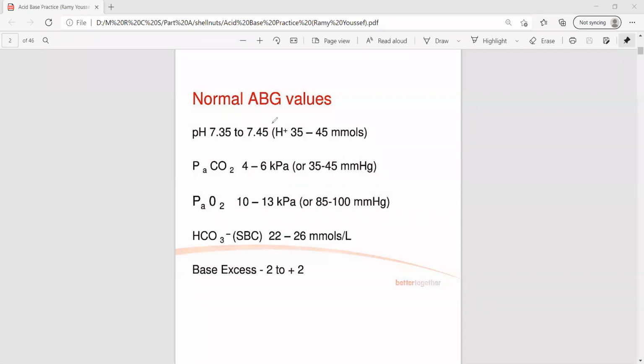ABG will be fixed this way, and the change will be in the PCO2 and PO2. Sometimes he gives you this in millimeter mercury, and sometimes in kilopascal. The most common in exams till now is the kilopascal.